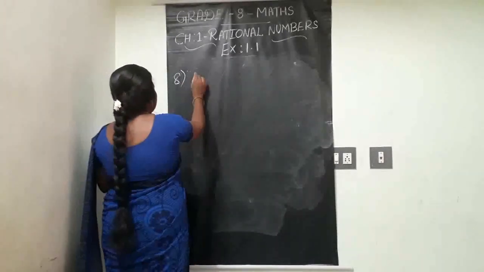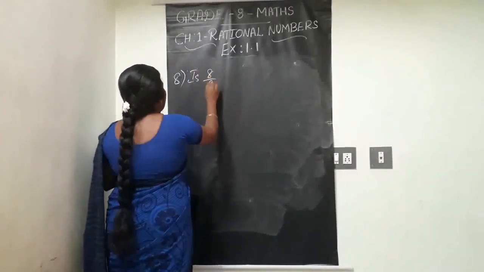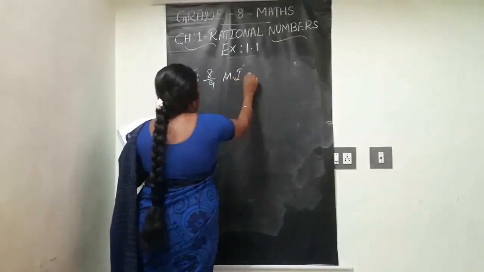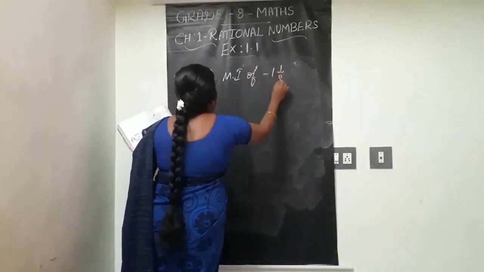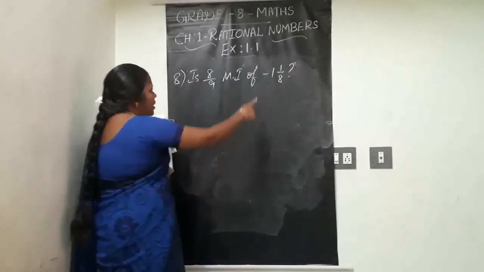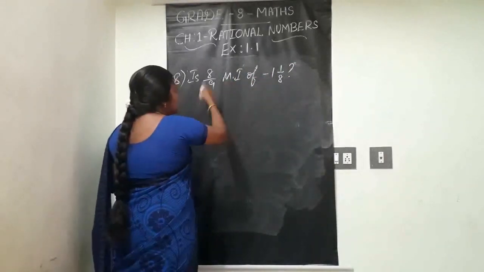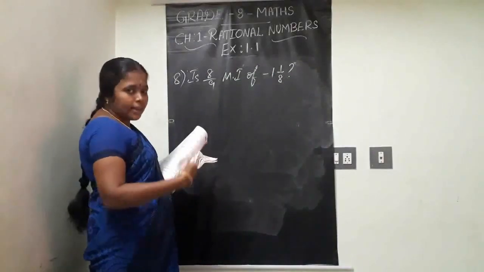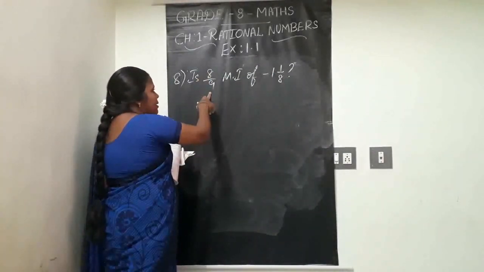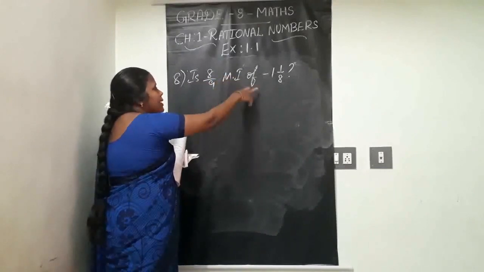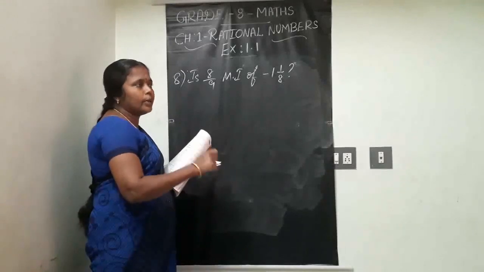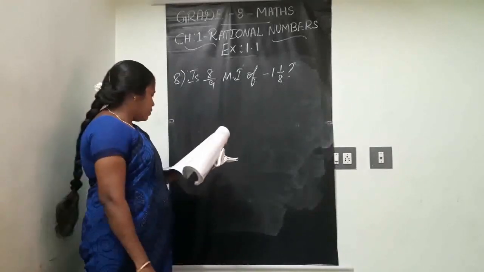What they are asking is whether 8 by 9 is the multiplicative inverse of minus 1 by 8, and like that they are questioning here. This is the question. You have to give a reason. Clear? So what to do?